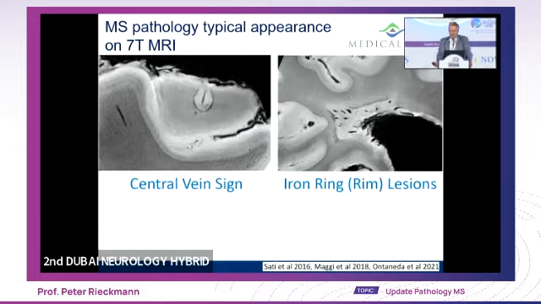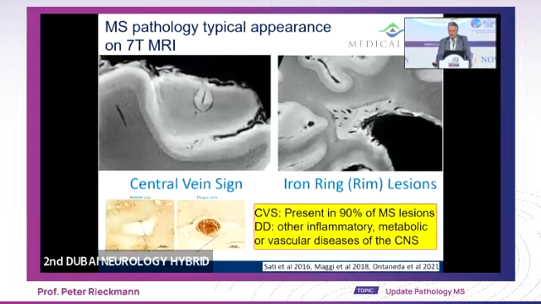So this is how we can see it, the clearly described central vein sign, the appearance of the lymphocyte accumulation inside the perivascular veins. And then the iron rim, which is expected to be shown in an expanding active demyelinating lesion.